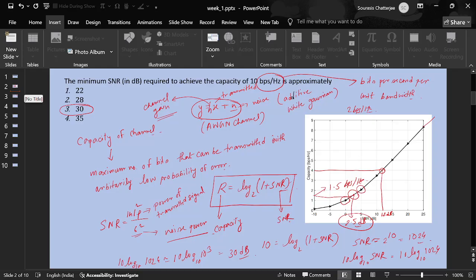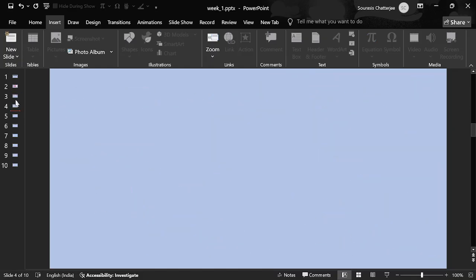But if I go to 1 bps per hertz, it's going to be suboptimal. Even if my channel capacity is 1.5 bps per hertz, I'm only getting 1 bps per hertz. So adaptive modulation and coding together allow us to design capacity achieving systems. That's the purpose. So with that, let us move to our next question.